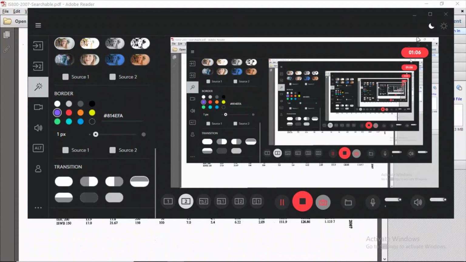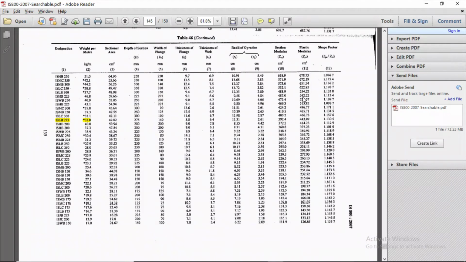Alright, so this is page number 139, table number 46. As you can see on your screen, I have marked a member having the section modulus. This is the section modulus value which I am highlighting. I hope you are able to see that. So for that ISLB 275, the section modulus value I am getting is 392.4 centimeter cube.